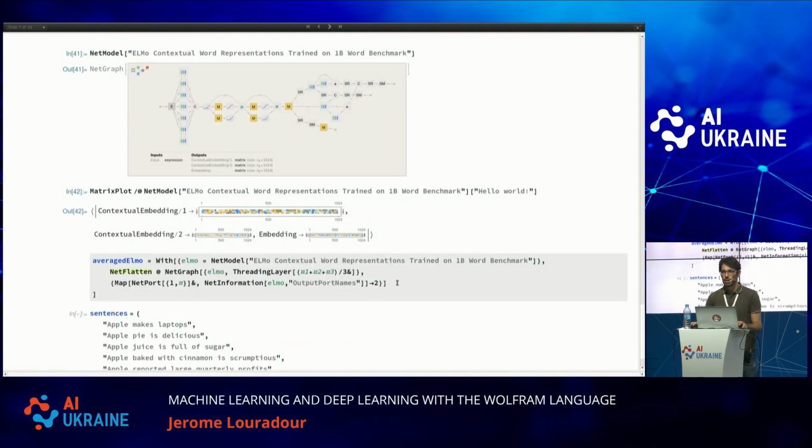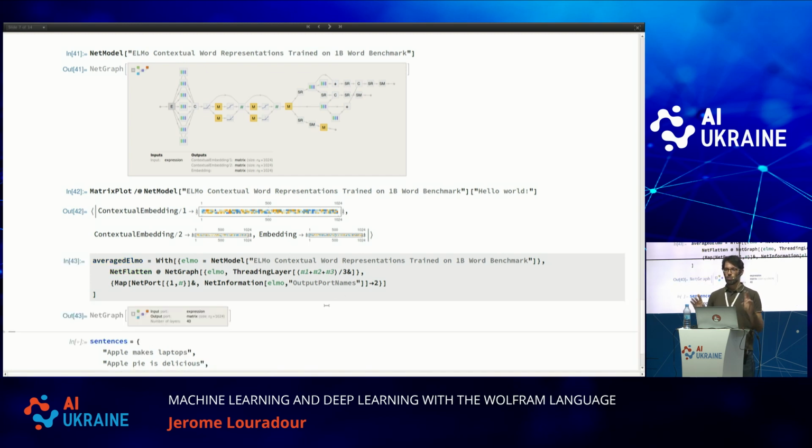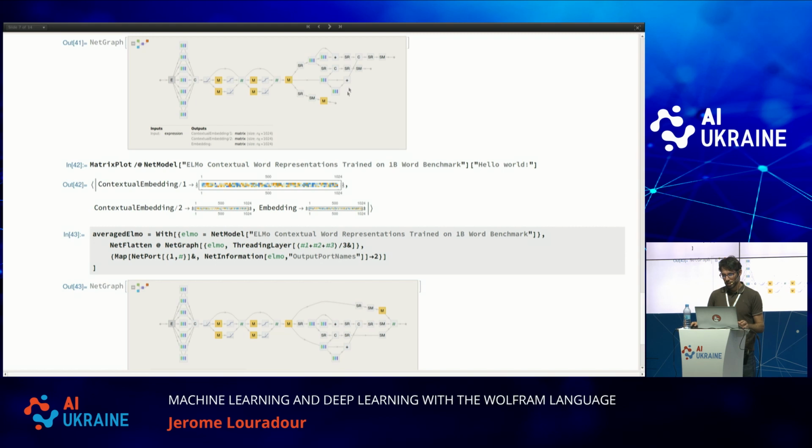And the authors recommend to average them. To do it, for example, I can do what we call surgery on the network, to manipulate it. Here I just take the 3 outputs and add a new layer, which is going to combine and average them. It gives me another network.